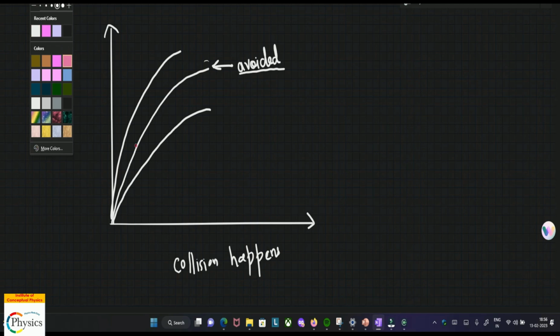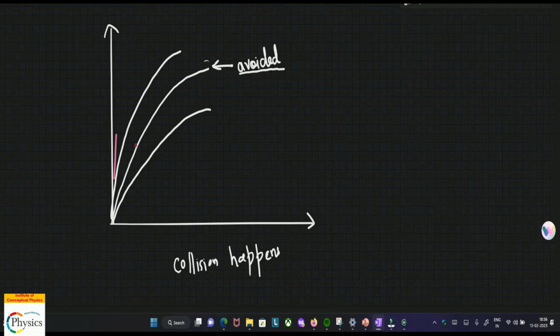If you think about it, this is your speed here, and then I'm just drawing the slopes to show you. This is another speed, and this is another speed, and then you can see I've drawn this slope, and then this slope.